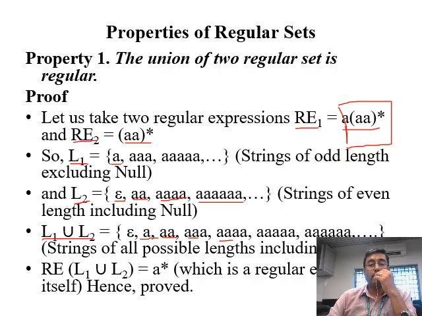So it is of all possible lengths. This is how you perform the union of two regular sets. One regular expression gives odd length values and the other gives even length values. When I combine both languages, L1 union L2, I get all possible lengths. So this is the union of two regular sets.